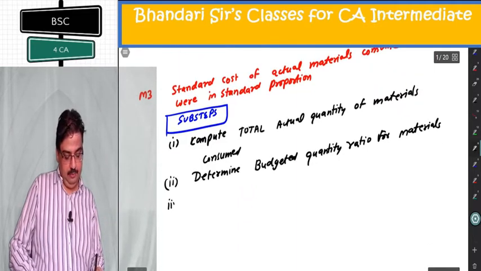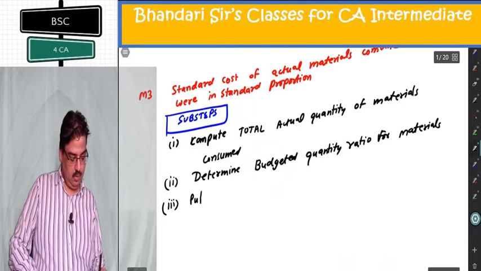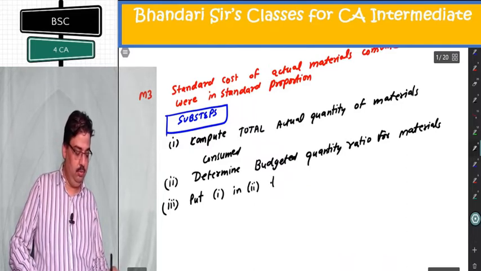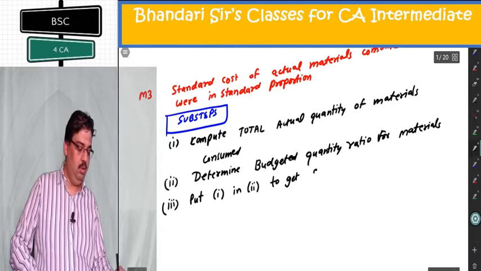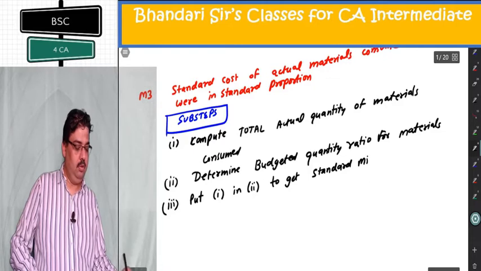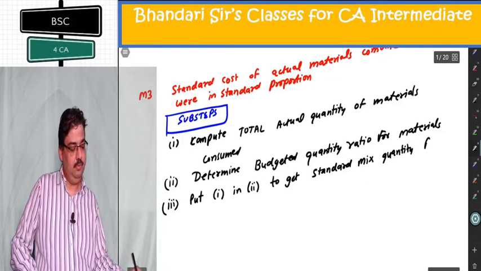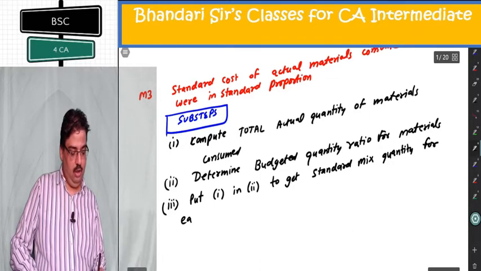Number 3, put 1 in 2 to get standard mix quantity for each material.